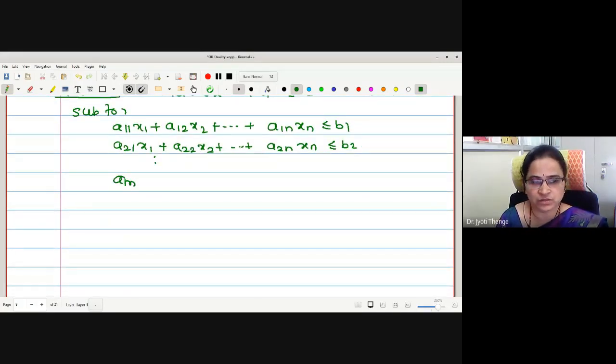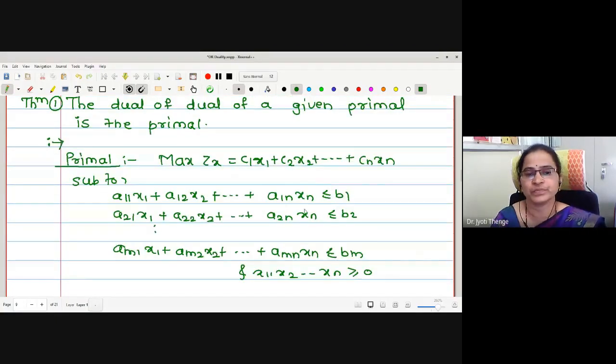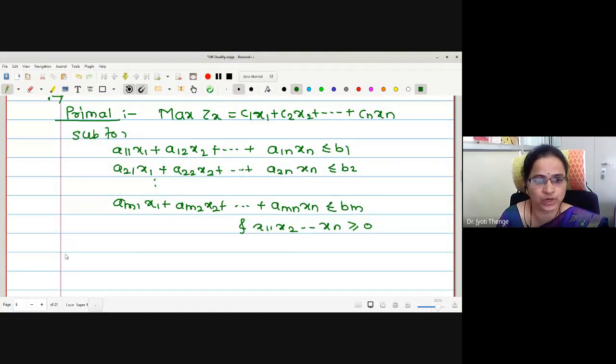Continue. What is my last one? The mth constraint: am1 x1 + am2 x2 + ... + amn xn less than or equal to bm, and all the variables x1 to xn are non-negative. We have started with the standard primal form. Now let us write its dual.